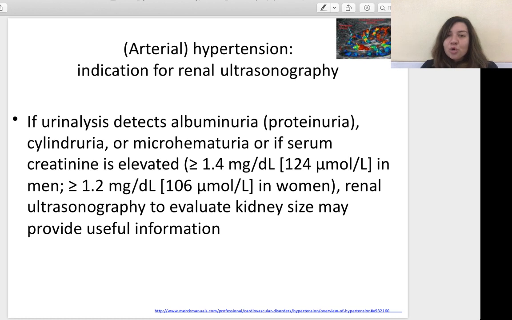That's why please read and learn at home the evaluation of all of these systems, all of these target organs.